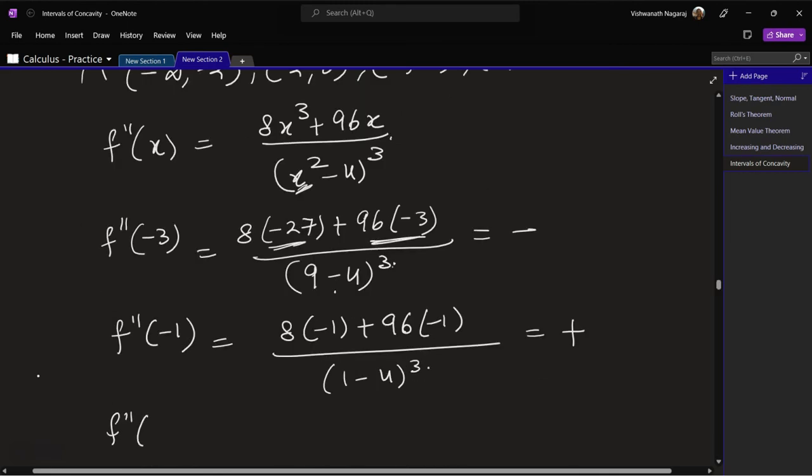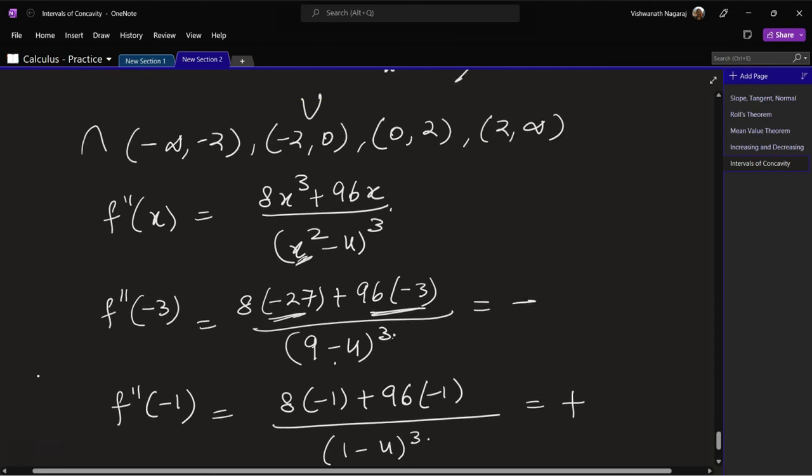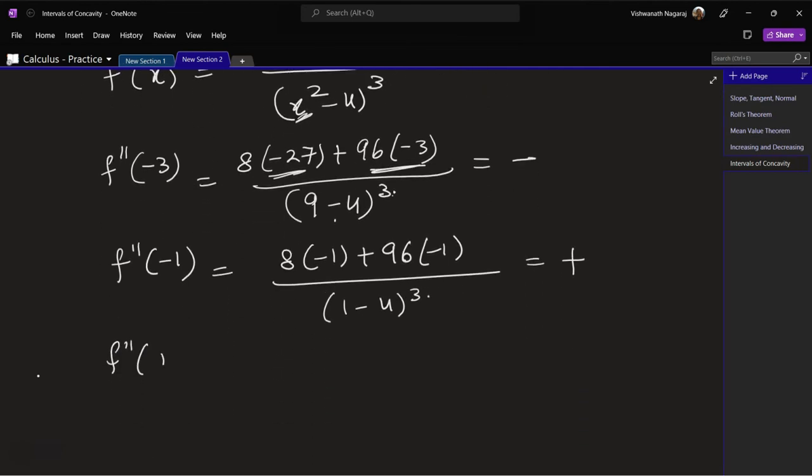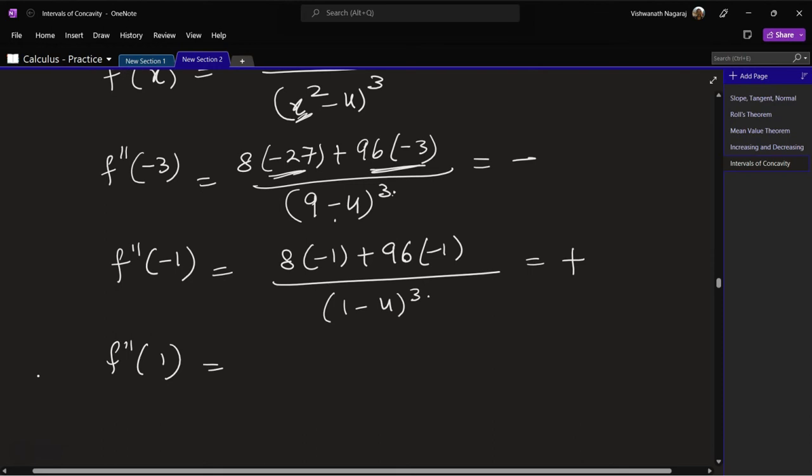Similarly, f double prime of, what is the next interval? 0 to 2. So let's say 1. This is going to be 8x cube, so this would be positive numerator, and this would be 1 minus 4. So this would be negative.